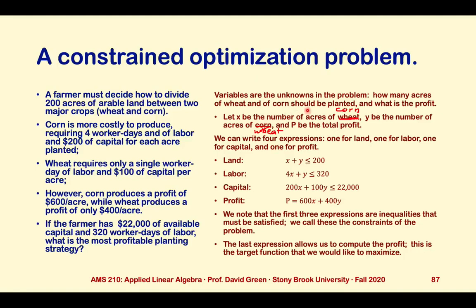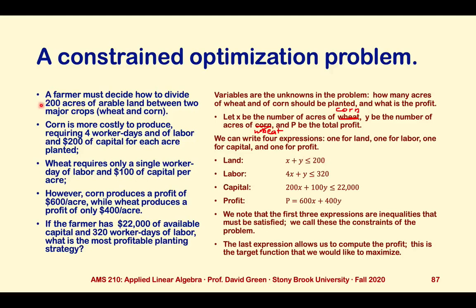After we've done this, we can summarize all of the information here in a series of equations or expressions. One for land, one for labor, one for capital, and one for profit. Land, the number of acres planted of corn and the number of acres planted of wheat has to be less than or equal to 200.